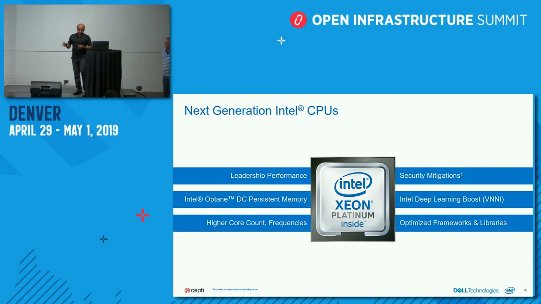Intel released the second generation of the Scalable family this month, April 2nd was the release. A few of the things that were improved from the processors used in the reference architecture were additional higher core counts and higher frequencies at the same SKU price points.